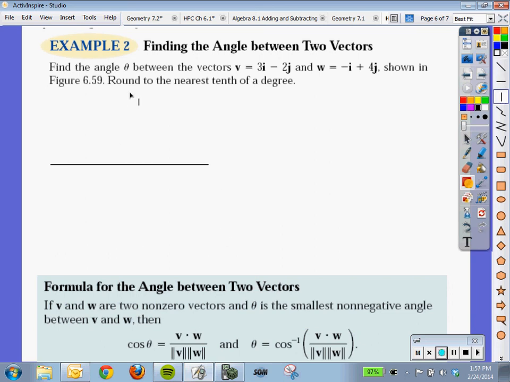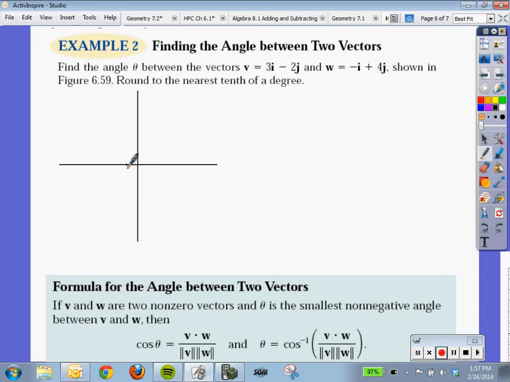So I'm going to draw the x-axis and the y-axis. And I got vector v is going to be in the third quadrant, and vector W, that's going to be in the second quadrant. So we got, in the fourth quadrant, excuse me. So we got 1, 2, 3, and then 1, 2.